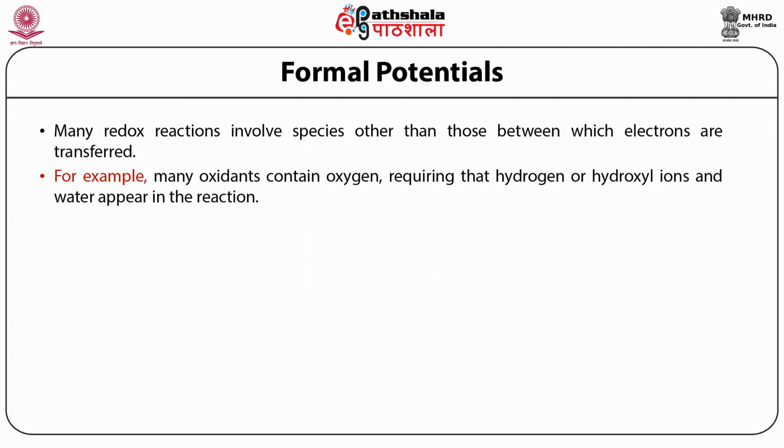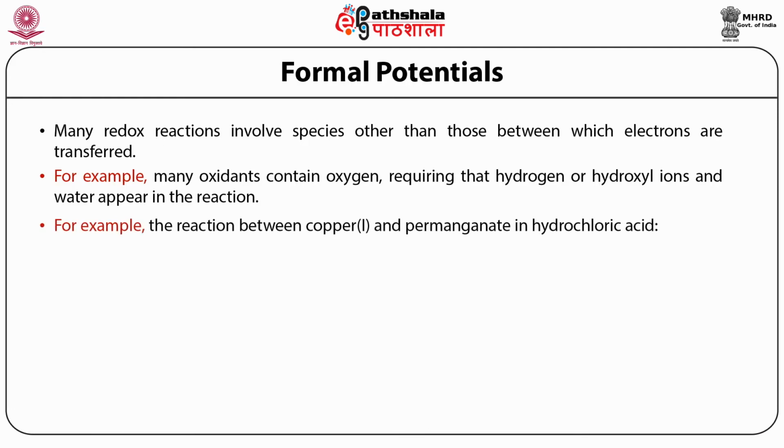In other cases, complexing agents may be consumed or released. Consider, for example, the reaction between copper 1 and permanganate in hydrochloric acid solution, where, as you can see in the equation, chloride anion, copper chloride, and manganese ions are all required along with water molecules.